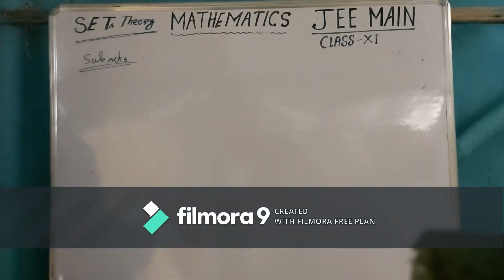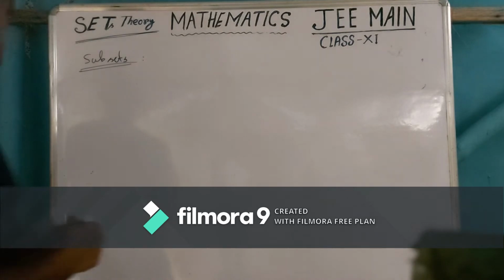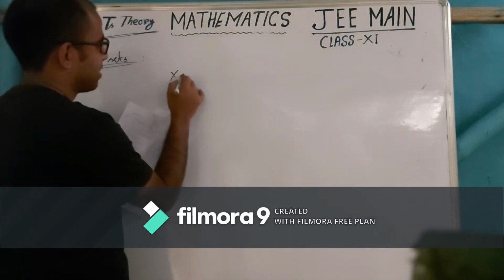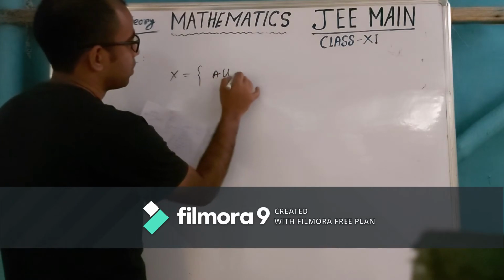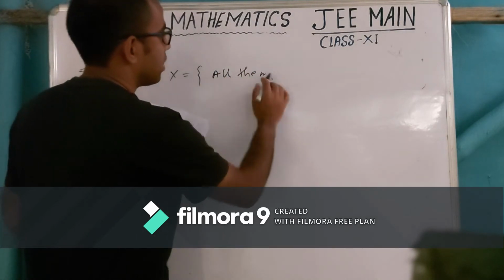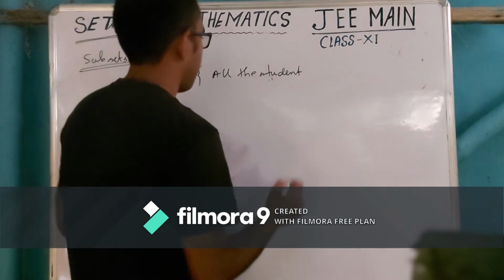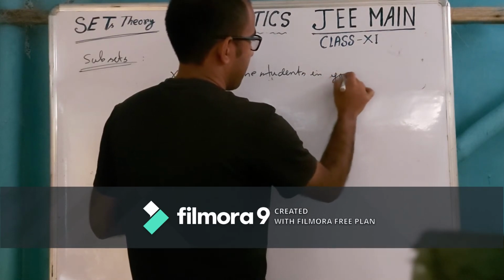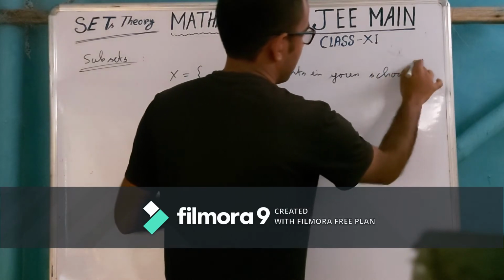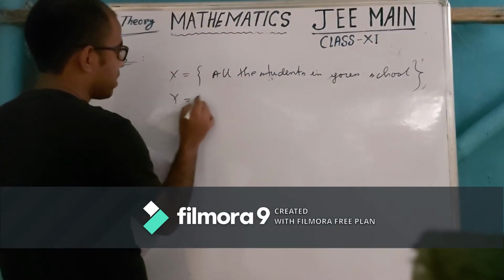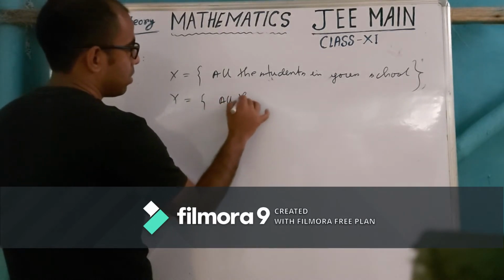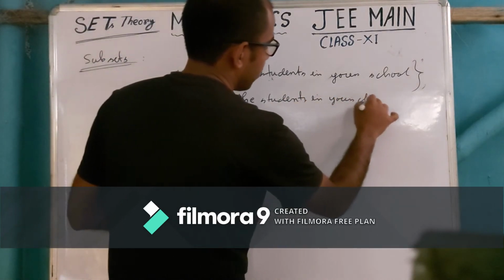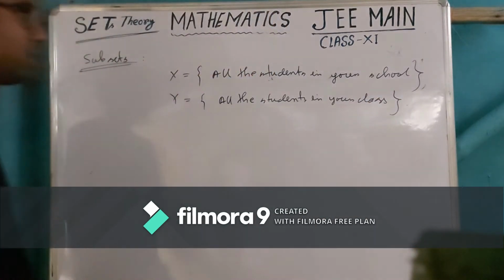Subset. The next topic is subset. First, we consider a set X, all the students in your school, and we consider another set Y, all the students in your class.